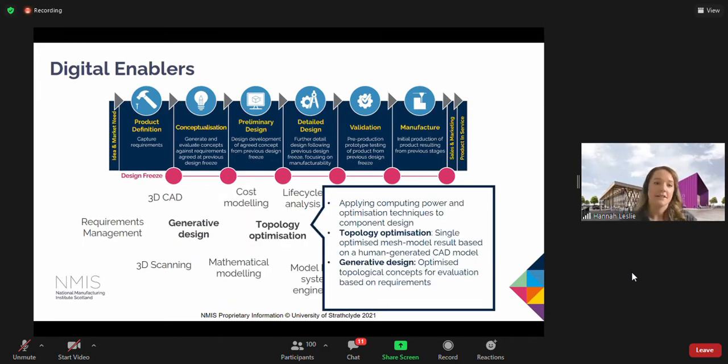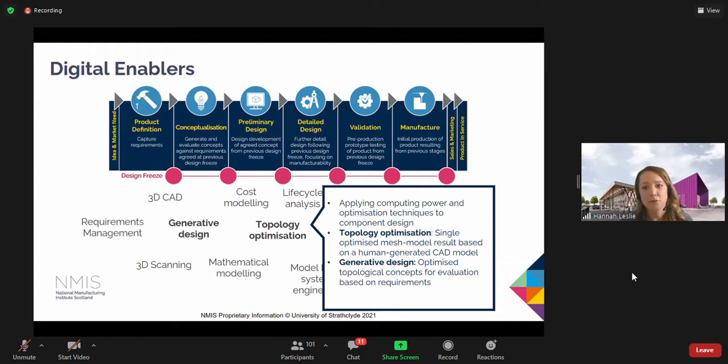Generative design and topology optimization build upon the traditional design approach by applying computational power and optimization techniques to component design. So both aim to help designers reduce both the weight and the amount of material used for a specific component whilst maintaining its structural integrity.